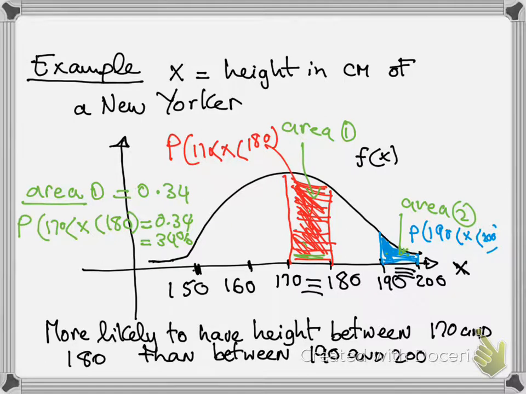Again, it's just an example. So if area 1, the red area, is equal to 0.34, it means that the probability that the height of a New Yorker is between 170 and 180 is 0.34. So that's 34%.